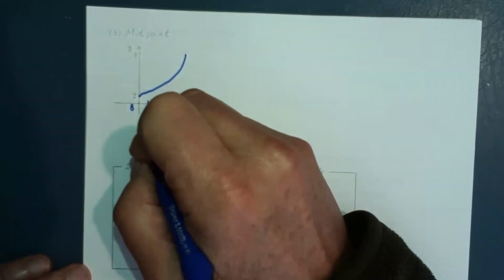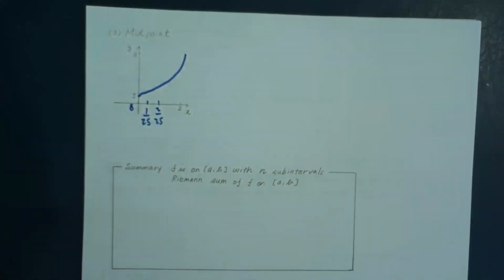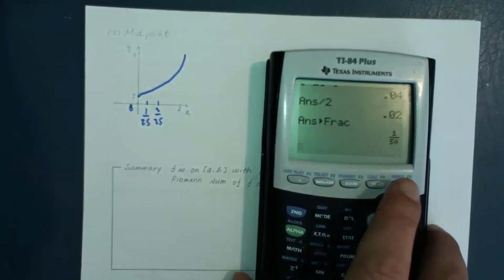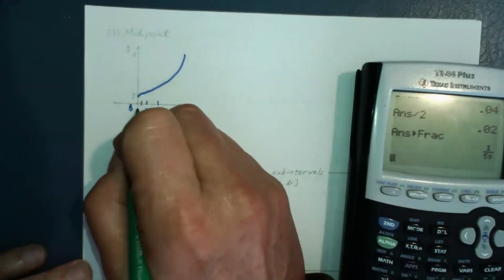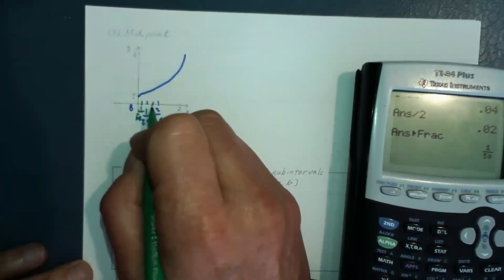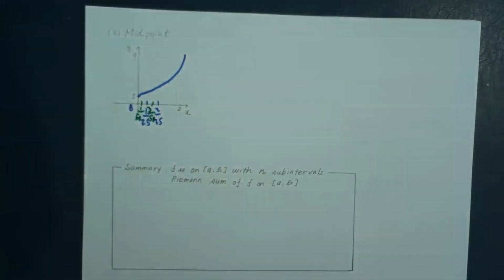This is 1 over 25, 2 over 25, and in between those two, if I take 1 divided by 25 plus 0, divided by 2, convert to a fraction, this new midpoint is going to be 1 over 50, to 3 over 50, and so on. And I'm obviously way over exaggerating with the picture.